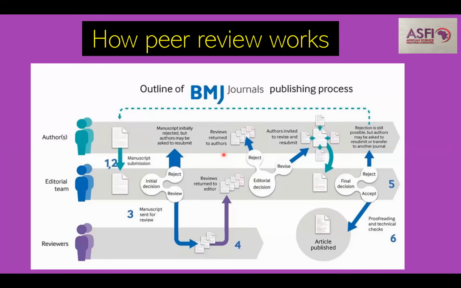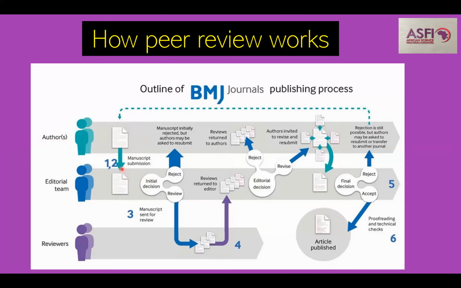Okay, how does it work? All right, so there's the author, there's the editorial team, and there are reviewers. So there are three types of actors that are operating in the scientific publishing process. So the author submits the manuscript to the journal where the editorial team is working, the editors, and of course, the administrative staff.